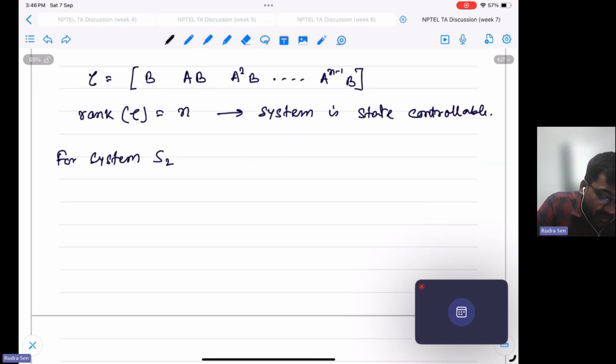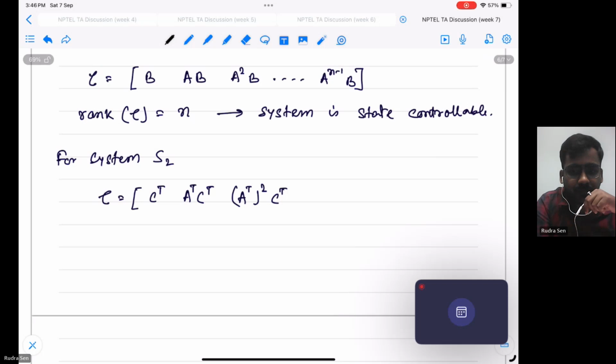So for the case of system 2, what is the controllability matrix? It's C transpose, A transpose C transpose, A transpose squared C transpose.